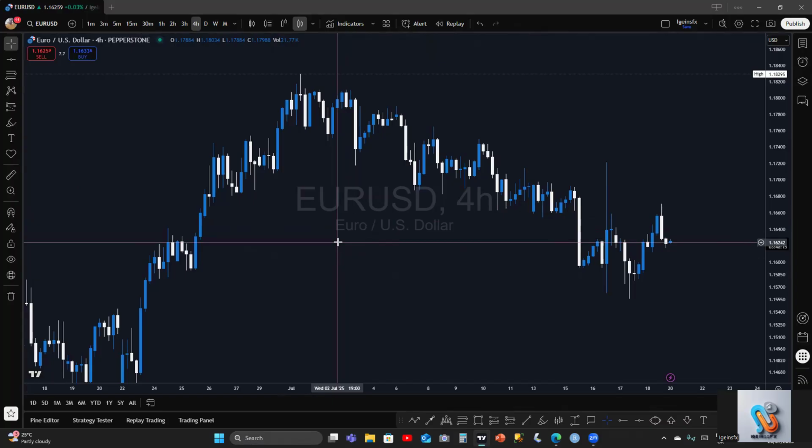Remember, as a forex trader, as a professional trader, you don't just make a hasty decision. You need to, first of all, read your structure, look at the structure very well, and know where you should wait for price to come to you.